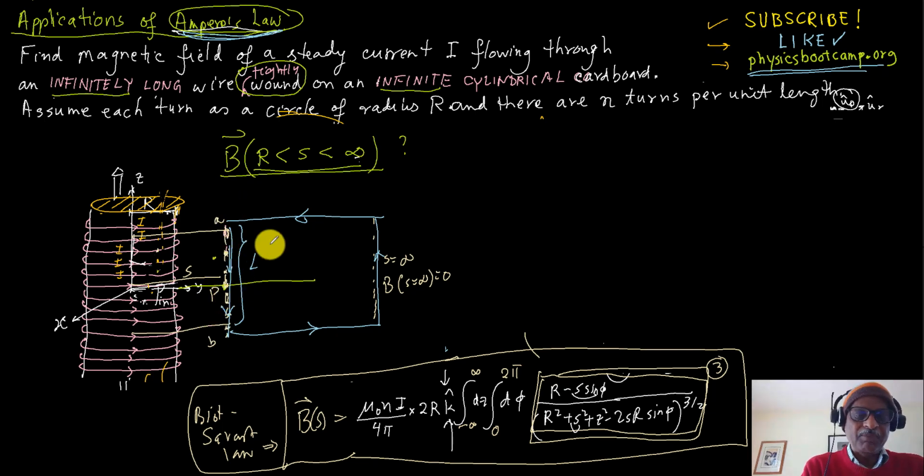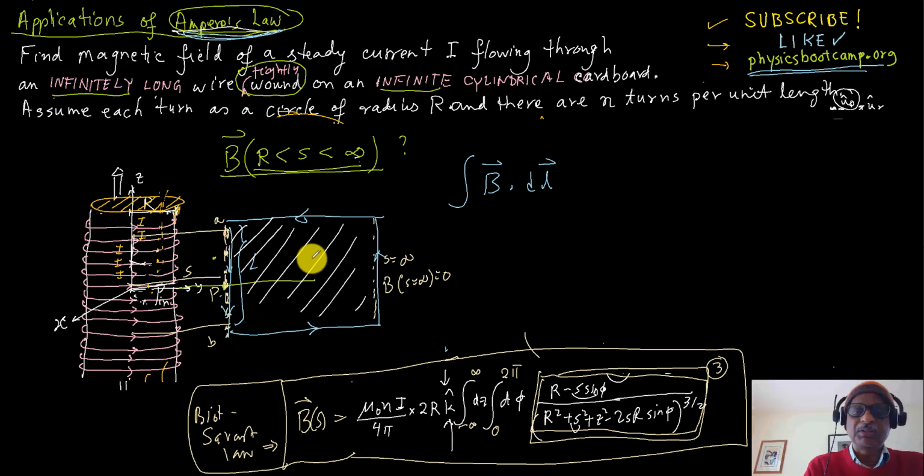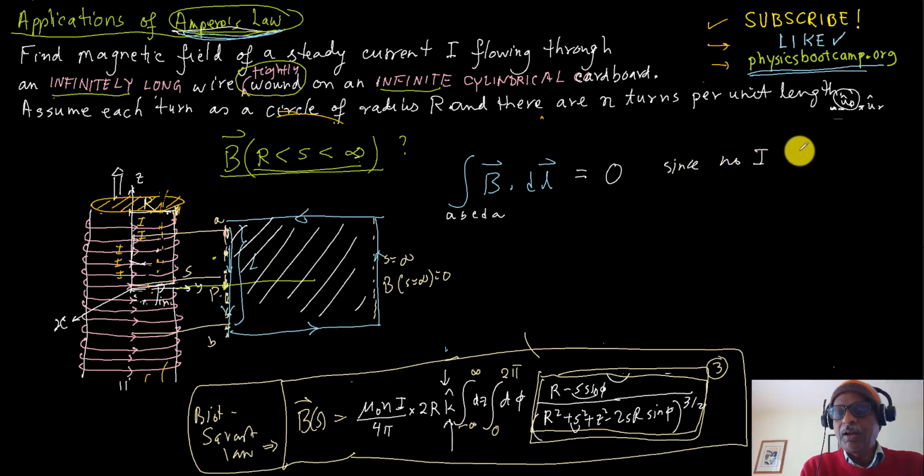So I don't know what B is at point P, so B dot dl in this loop, and inside here there's no current going through, so this will be equal to, on this loop A B C D A, equal to 0, since no current enclosed.